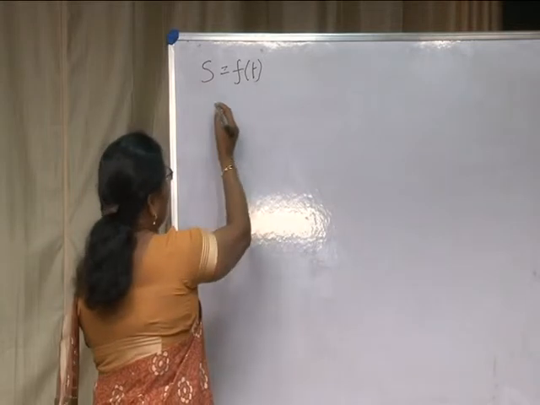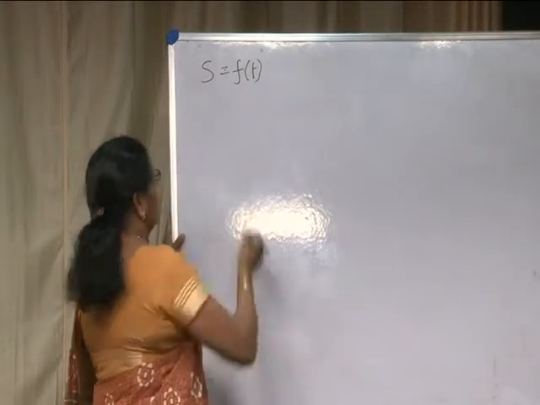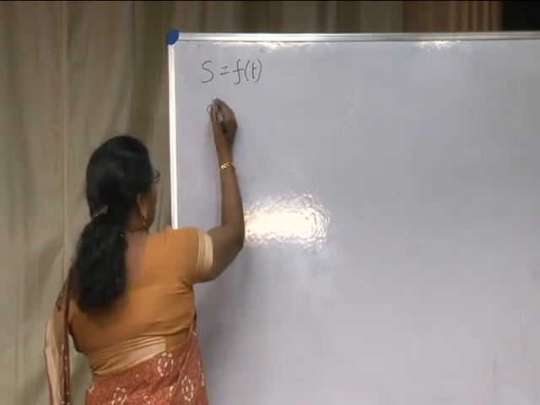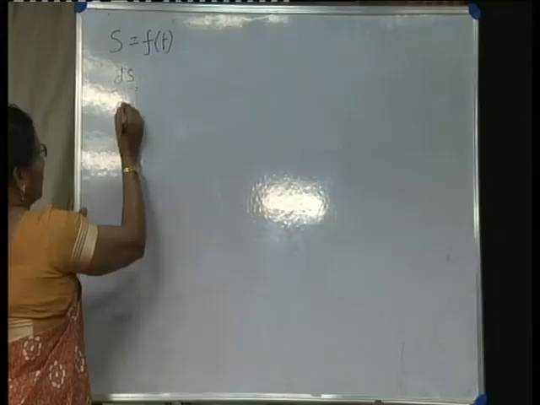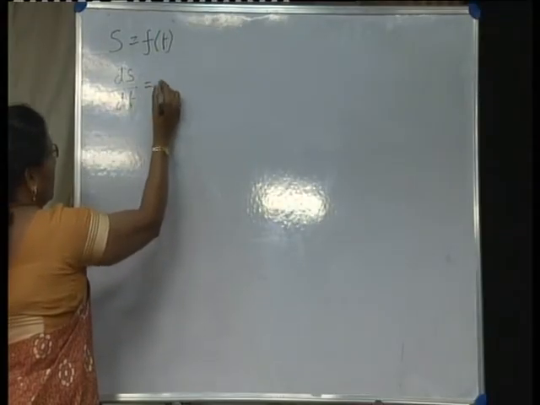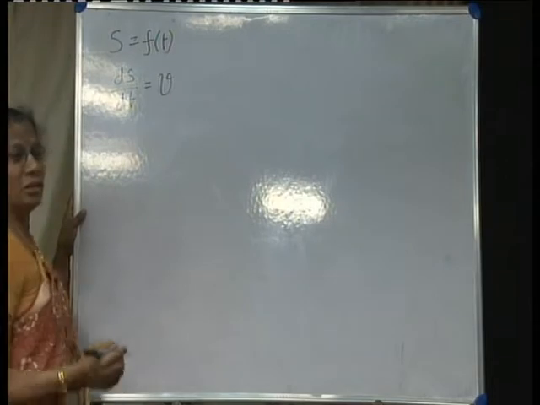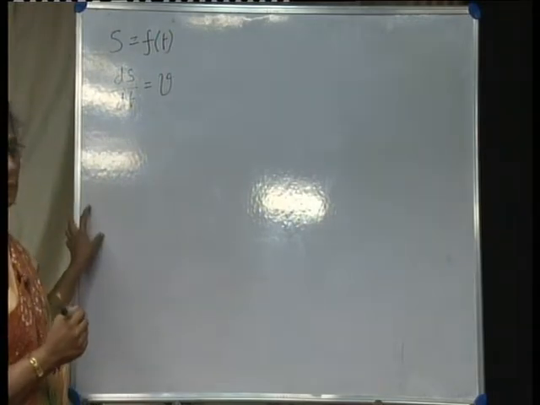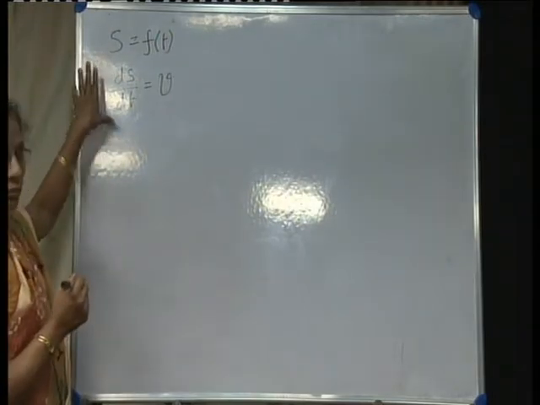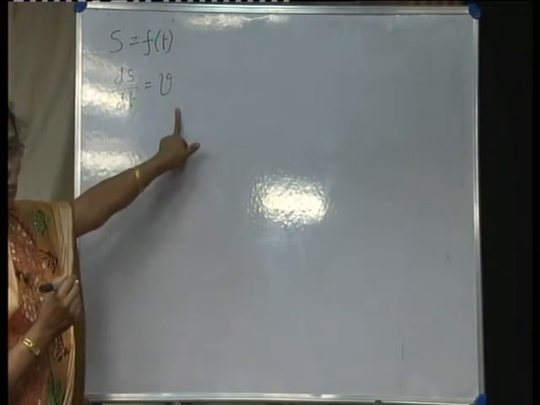When s is equal to f of t, the function is given, ds by dt is the velocity at any point. So the first derivative of s with respect to t is equal to the velocity at any point.